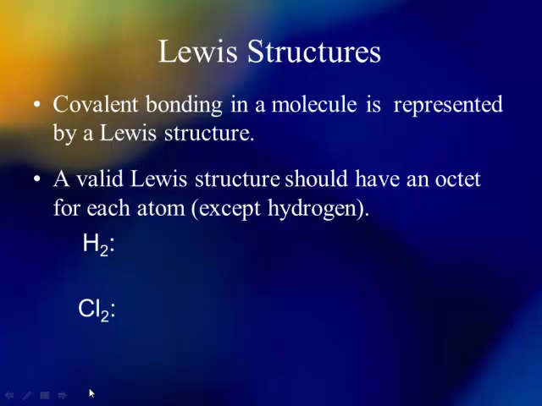When 2 hydrogen atoms bond together, as we discussed on the previous slide, each hydrogen atom shares its electron with the other hydrogen, resulting in a covalent bond between the 2 atoms. We draw a bonding pair of electrons as a bar between the 2 atoms. A bar in a Lewis structure then represents 2 electrons that are shared by both atoms.